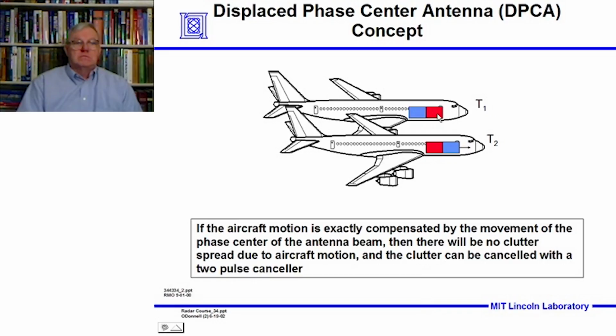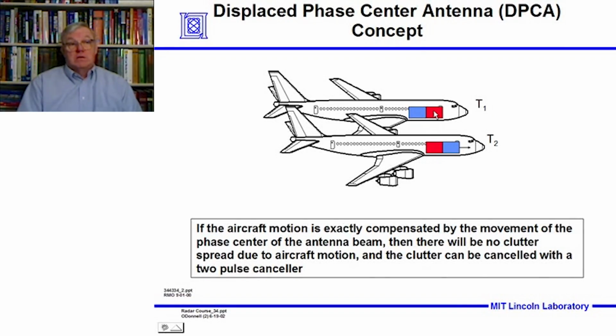It looks down at a patch on the ground. Okay? Now, if the plane moves, it's going, of course, at a certain speed, and let's just say that the plane moves in a time t2 later, so that the back half of the antenna is exactly where physically the front half of the antenna was.